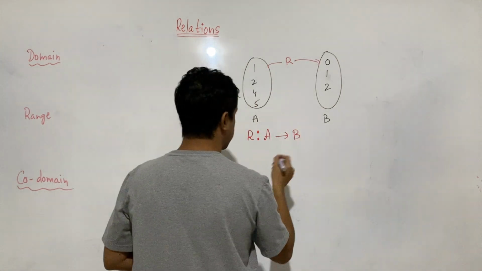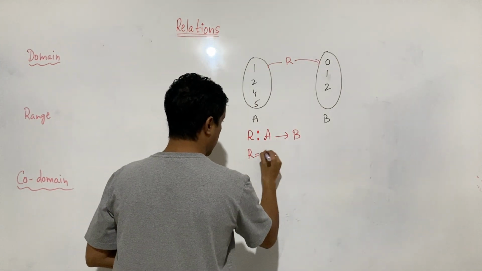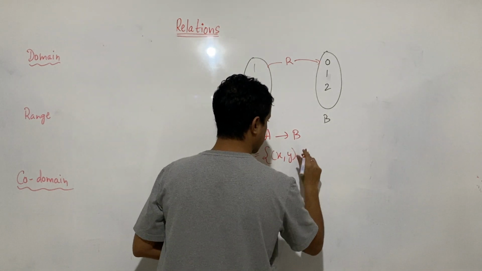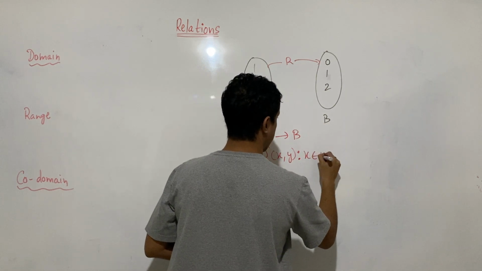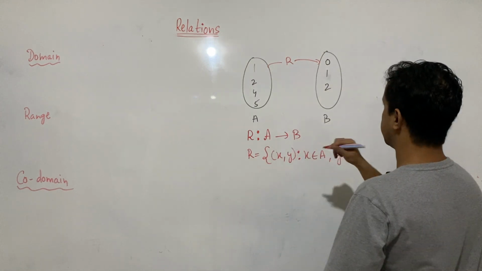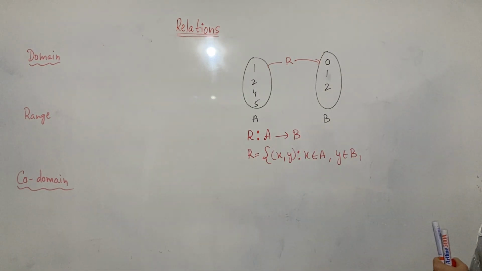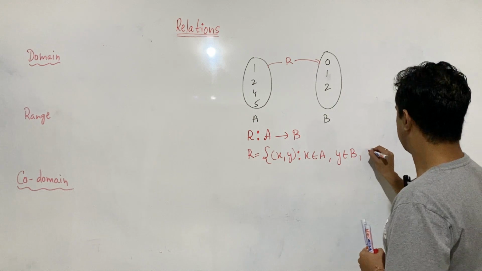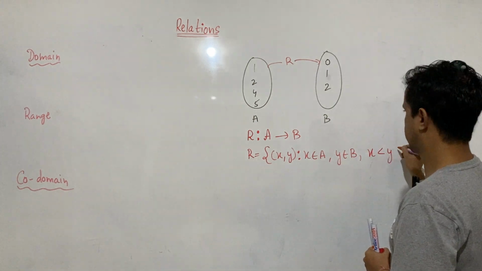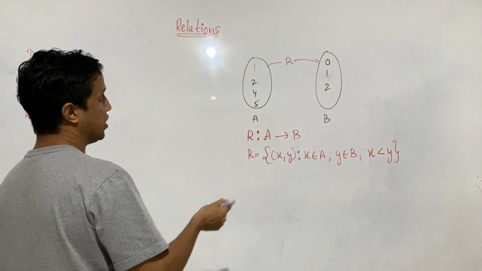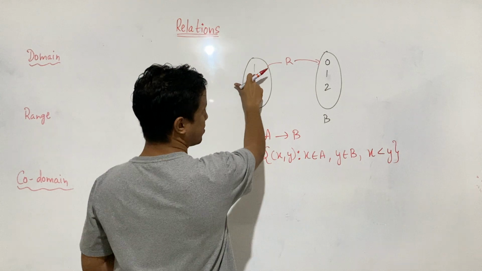It is defined in the way that it contains the ordered pairs (X, Y) such that X belongs to A, Y belongs to B, and X is less than Y. So is 1 less than 0?